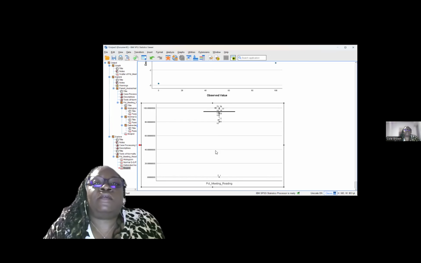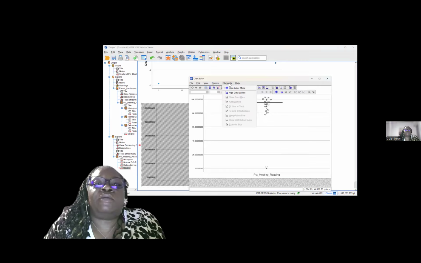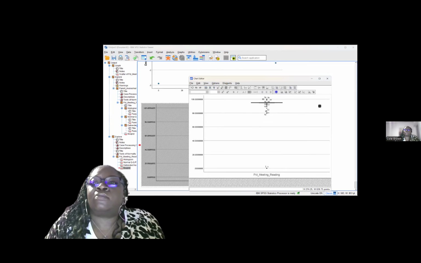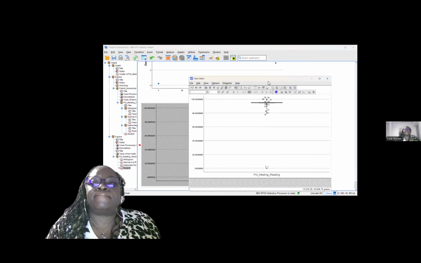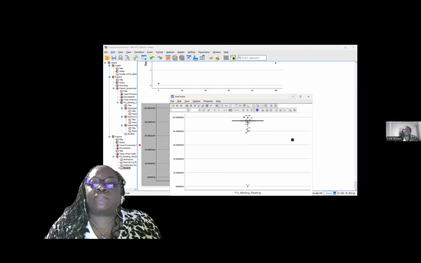So we click on that and look at the elements and our data value, data mode. Let's make sure that you're able to see.